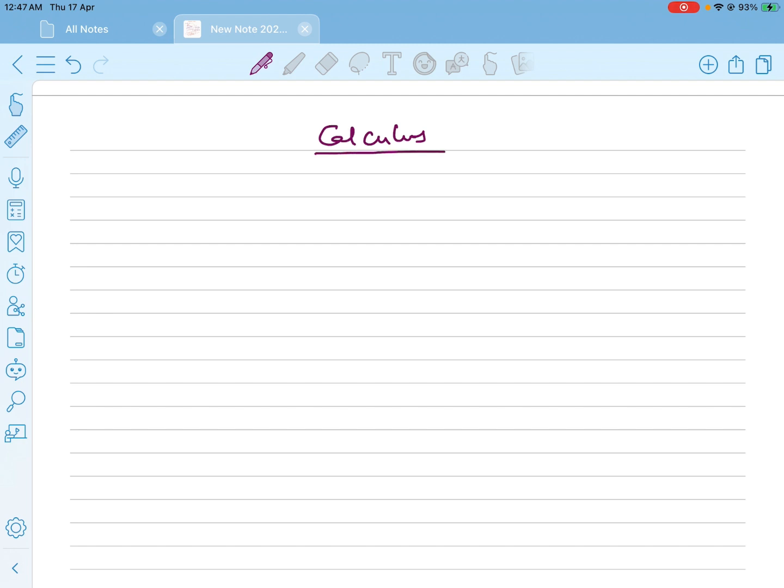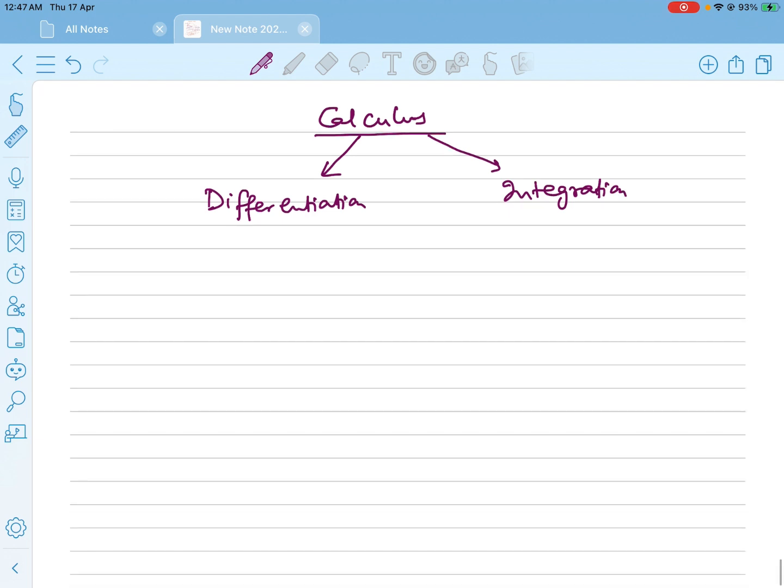So when we talk about calculus, we are going to talk about two things in calculus. One, differentiation, and the other thing is integration. Okay, so I'll start with the differentiation.